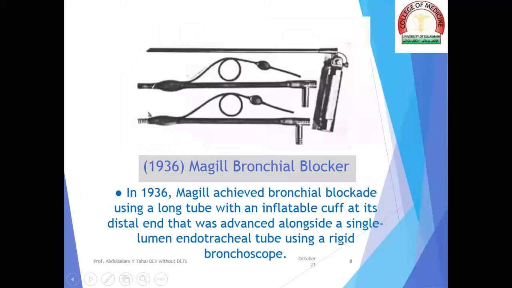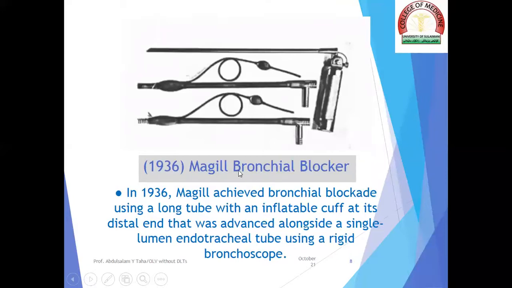And in 1936, McGill achieved bronchial blockade using a long tube with an inflatable cuff at its distal end that was advanced alongside a single lumen tube using a rigid bronchoscope.